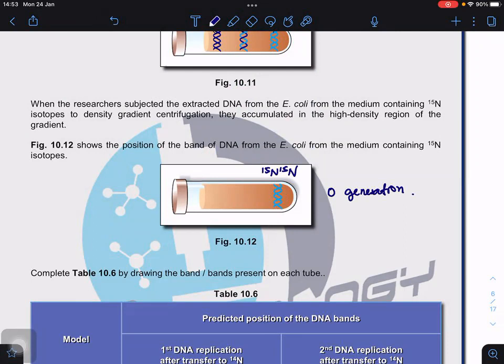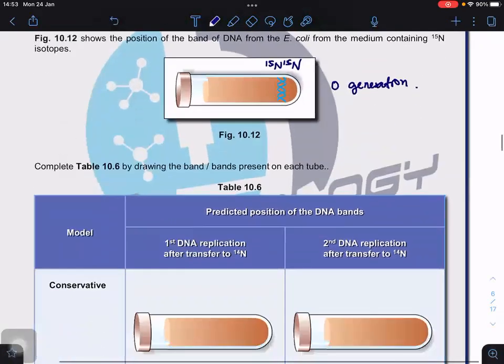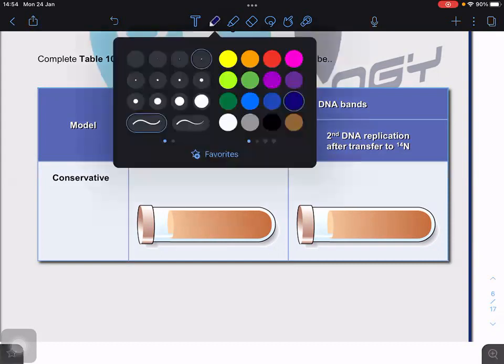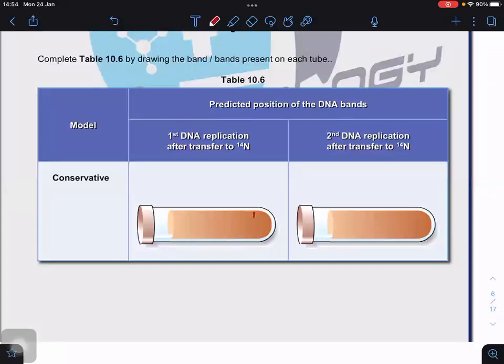So if we have a few models here, it means that we need to predict the result. So, first DNA replication after transfer to 14N. Yep. So for conservative, you're going to have two bands. One band, red color, at the bottom.